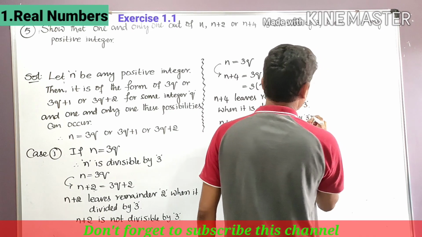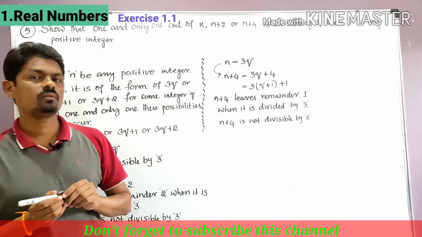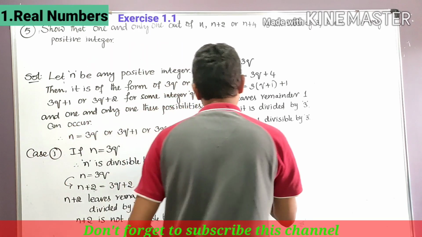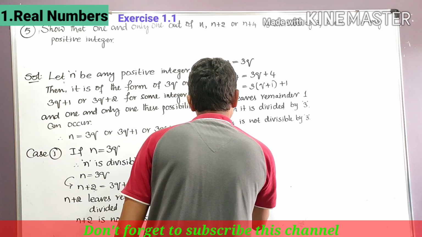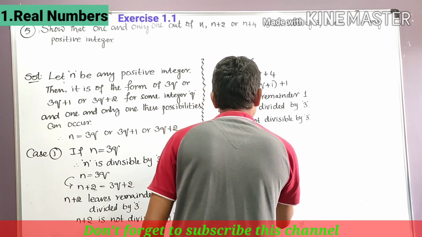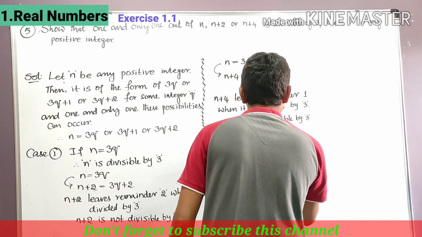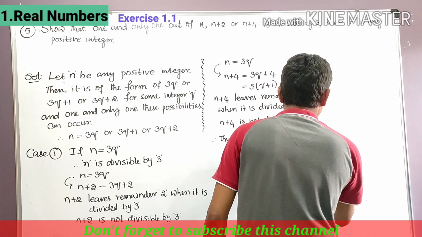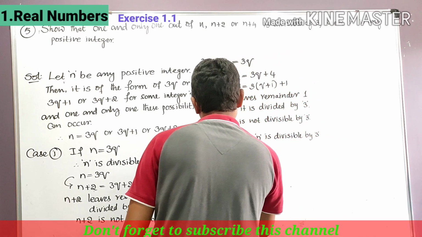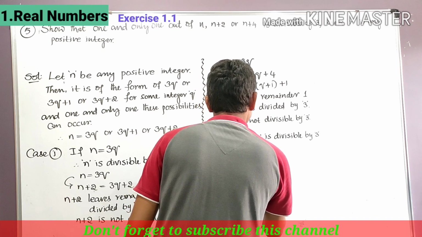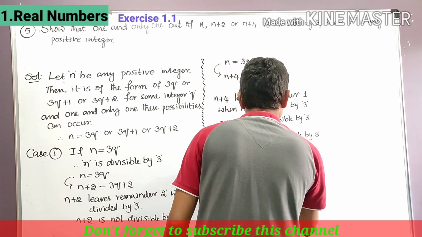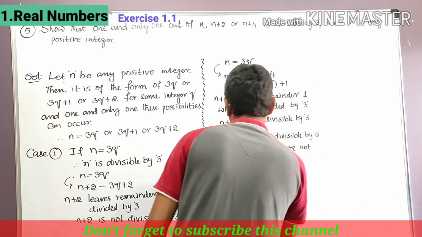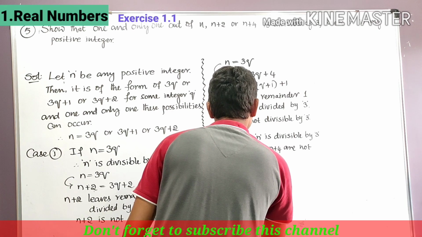So student, if n is equal to 3q, only n is divisible by 3, and n plus 2 and n plus 4 are not divisible by 3. So therefore we can write thus: only n is divisible by 3, but n plus 2 and n plus 4 are not divisible by 3.